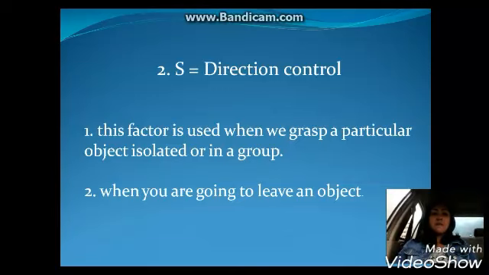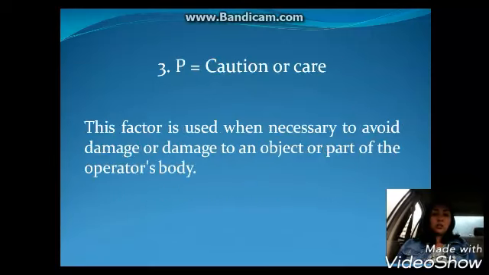2. S. Direction control. 1. This factor is used when we grab a particular object among a group of objects. 2. When you are going to leave an object. 3. P. Caution or care. This factor is used when necessary to avoid damage to an object or part of the operator's body.